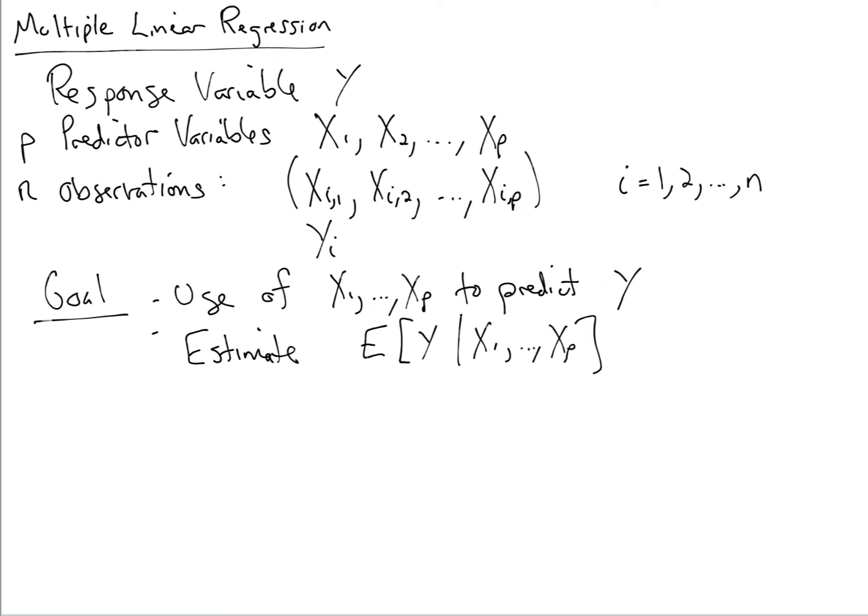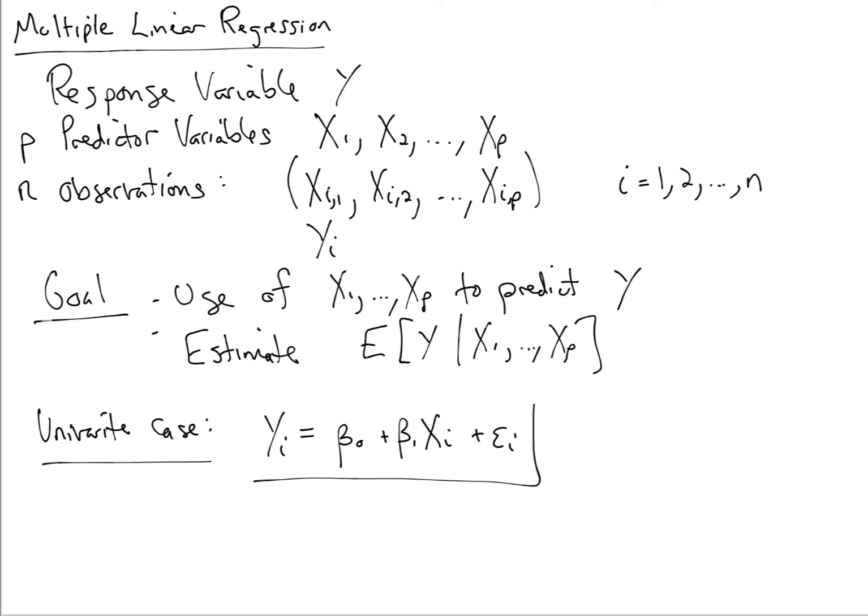And the model that we use is very similar to what we did in the univariate case. Recall, in the univariate case, we would say that the response, yi, was equal to some intercept, beta naught, plus beta 1 times xi plus epsilon i. That's what we did in our previous lecture.